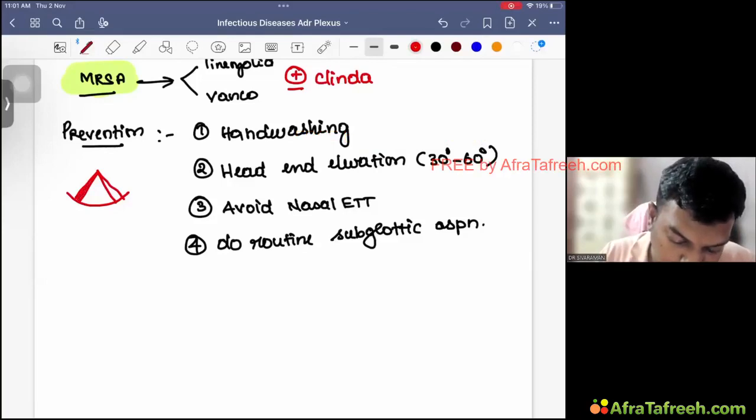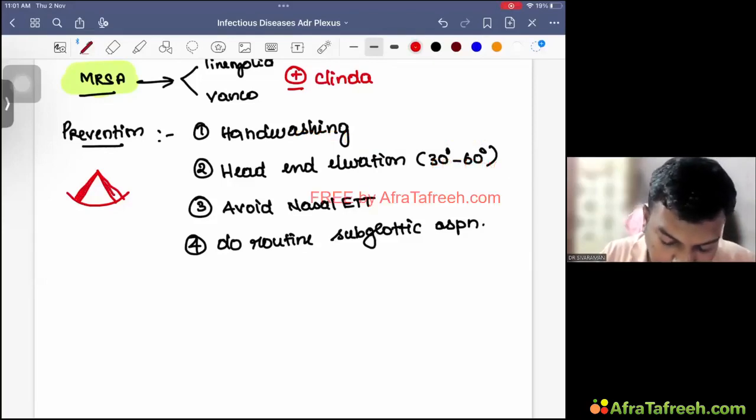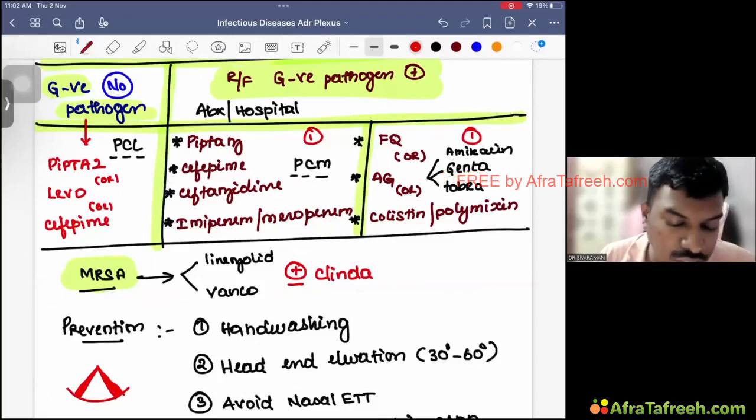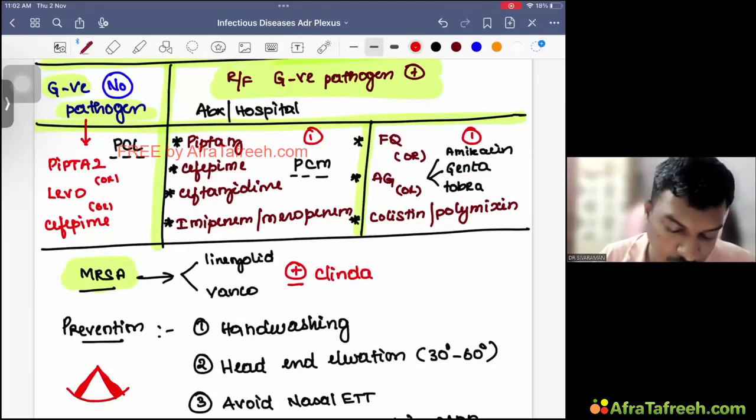In your exam, how they are going to ask is, a patient came with a history of no previous hospitalization, and the patient had no history of any kind of treatment before, with sudden onset of fever followed by cough, and it was diagnosed as a viral pneumonia. The patient started desaturating and was intubated. On day 3 of intubation, the patient developed fever with purulent secretions in the ET tube.